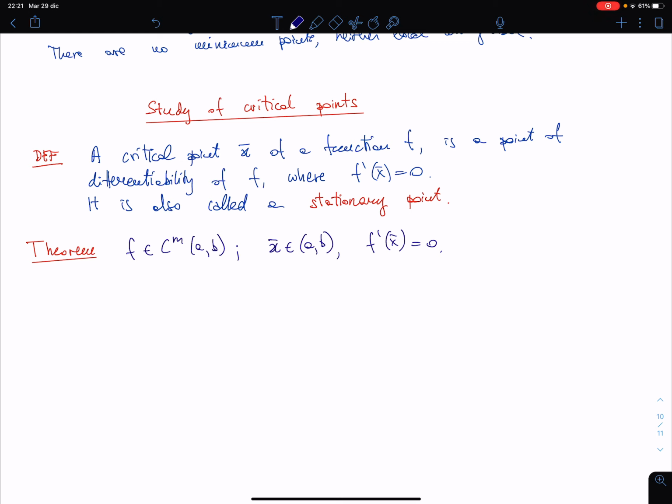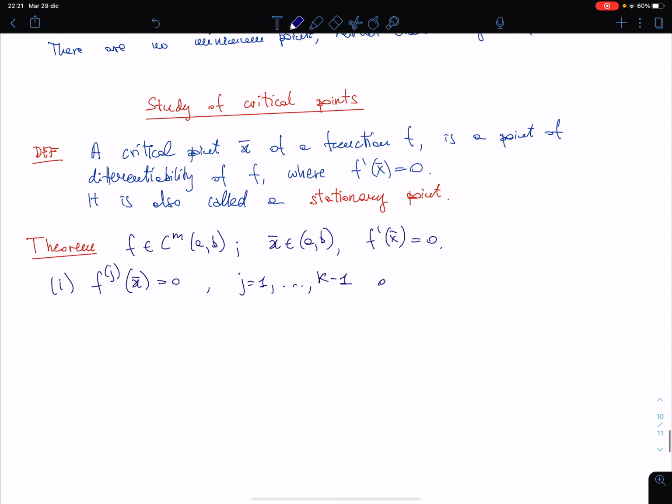Now, first, suppose that all derivatives f^(j), from the first up to the derivative of order k minus 1, are equal to 0, and f^(k) of x bar is different from 0.